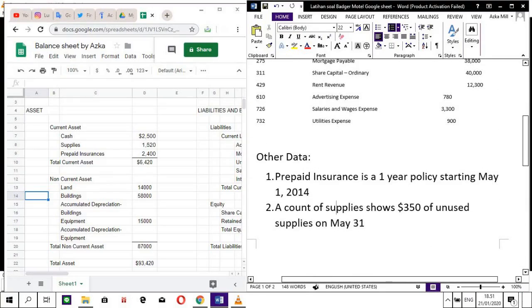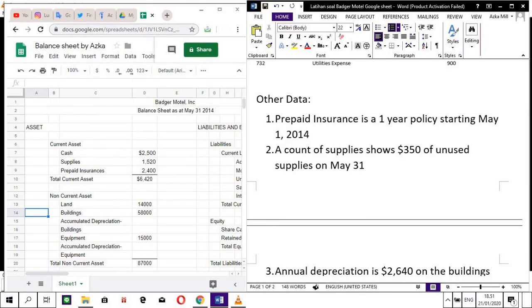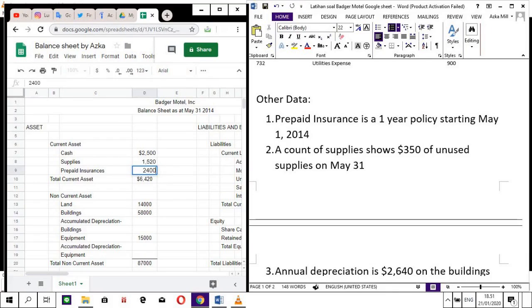Number 1, prepaid insurance is a one-year policy starting May 1, 2014. This is a prepaid expense. Prepaid expenses are the costs that have been paid but are not yet used up or have not yet expired. As the amount expires, because the period has ended, we have to deduct it from our current asset.